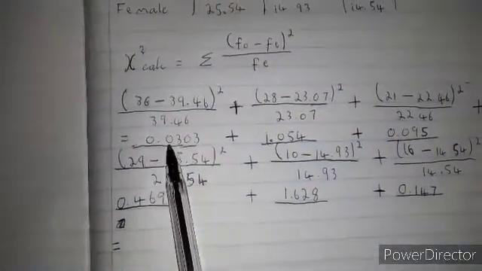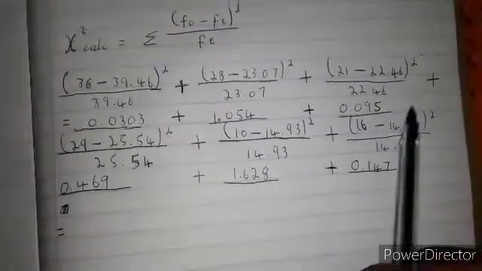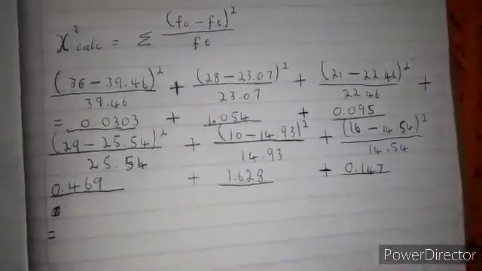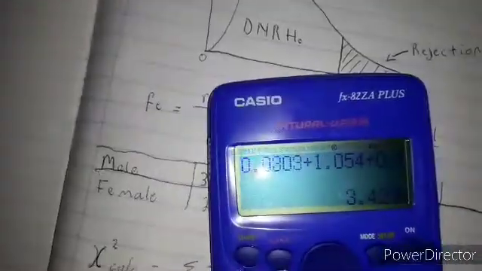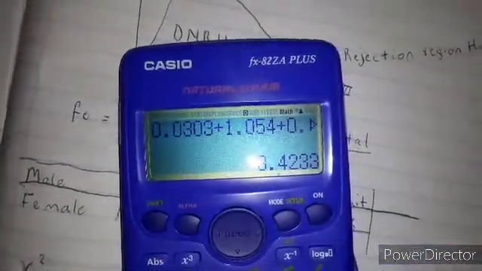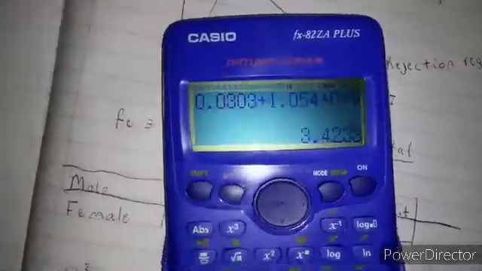Then we add all of these answers. Then the answer is 3,423. That is the final answer.